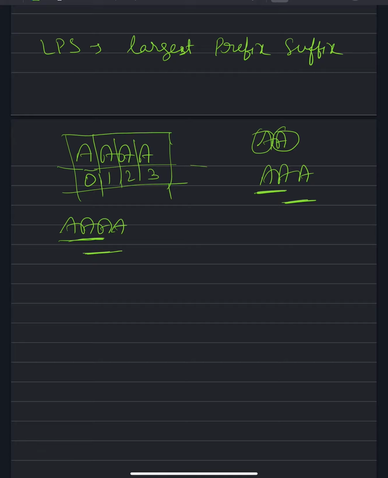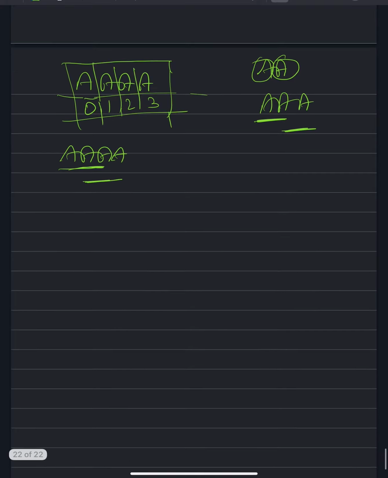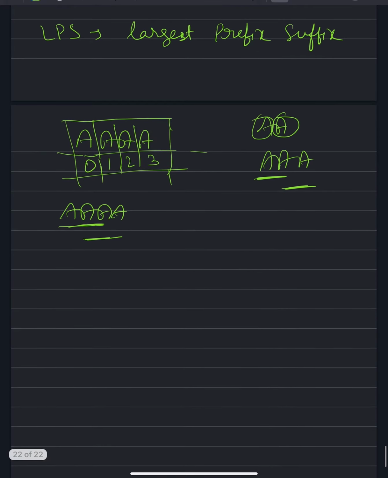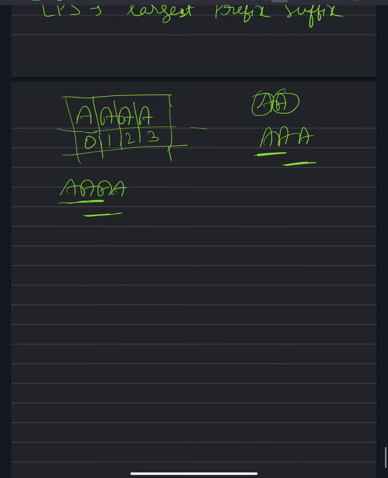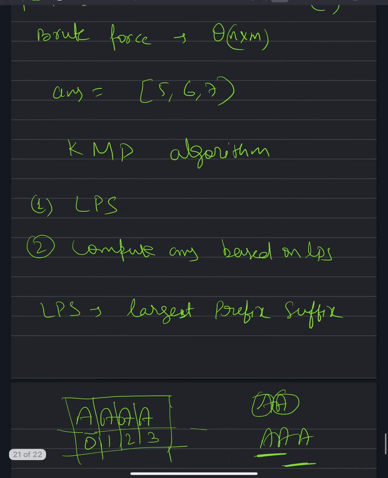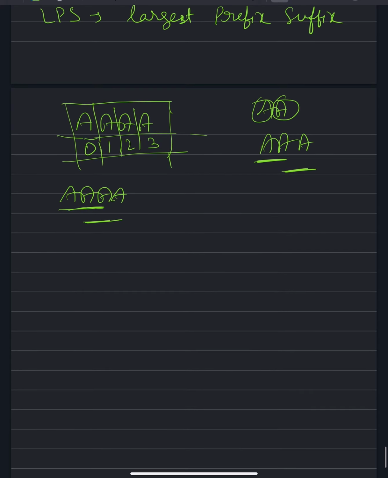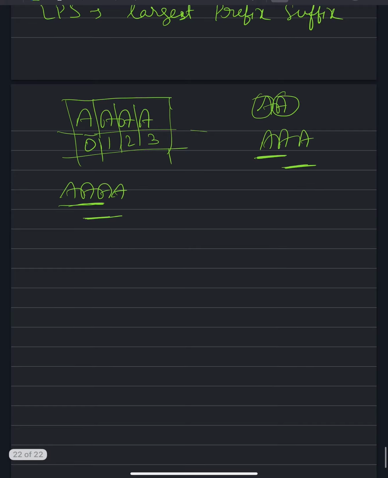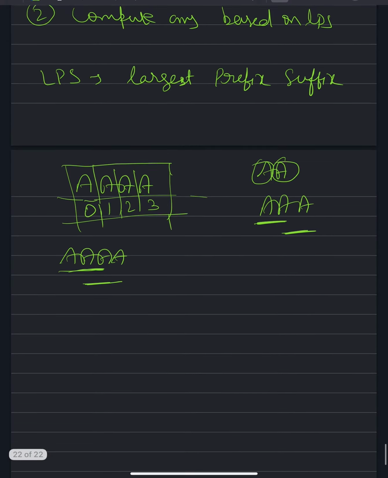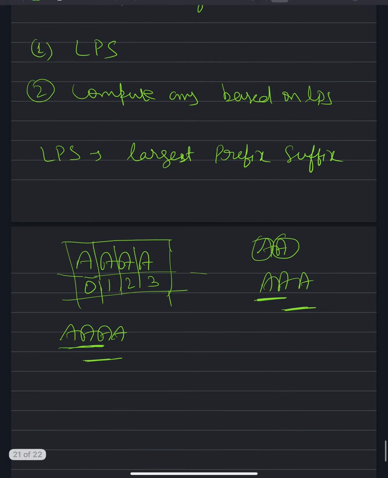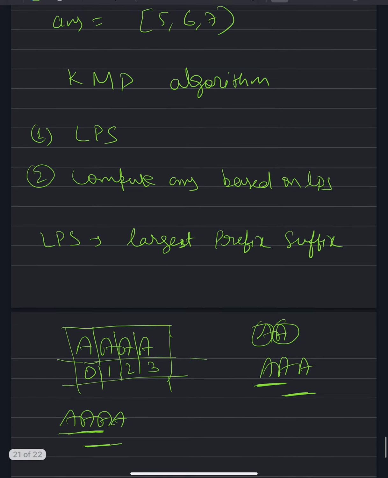I will give you the code and also explain how it is done, and that will come after. But first, let's understand how it is going. Now we have put the LPS.